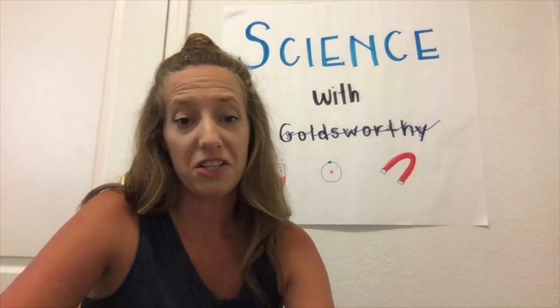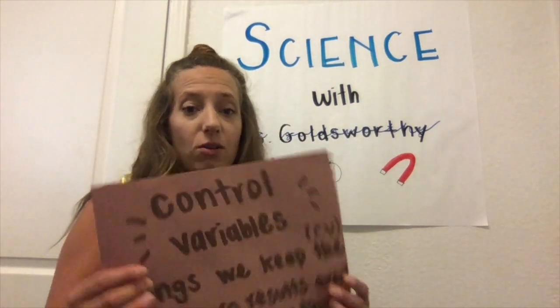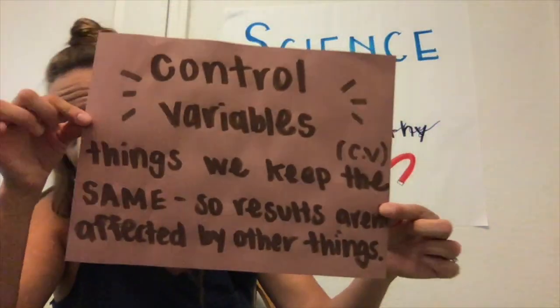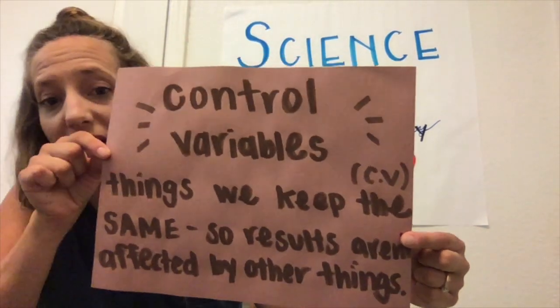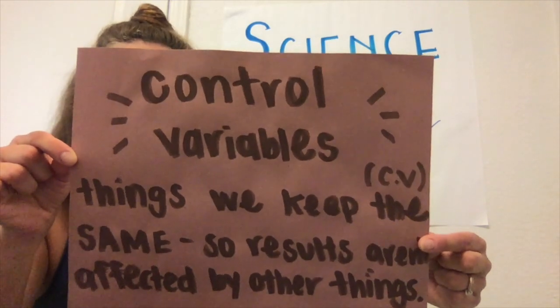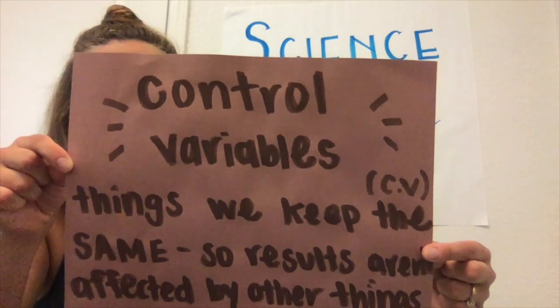In every experiment, you want to only have one independent variable because you don't want to have a lot of different factors that are influencing your results, and then you end up really having no idea what made an effect. But there is something called control variable or control variables, and these are things that you keep the same in an experiment to ensure that you don't have other factors that are influencing or affecting your results in the end.